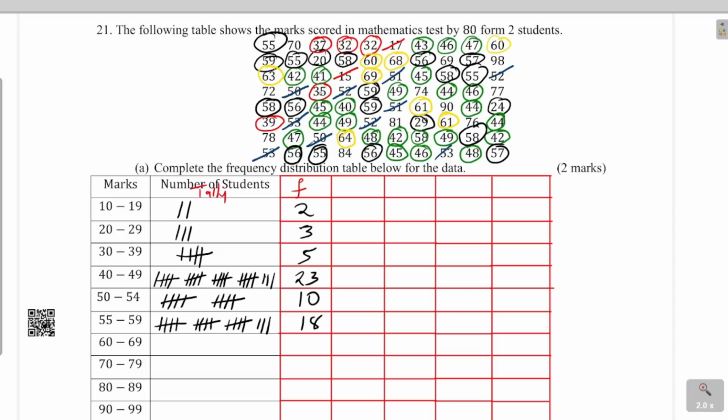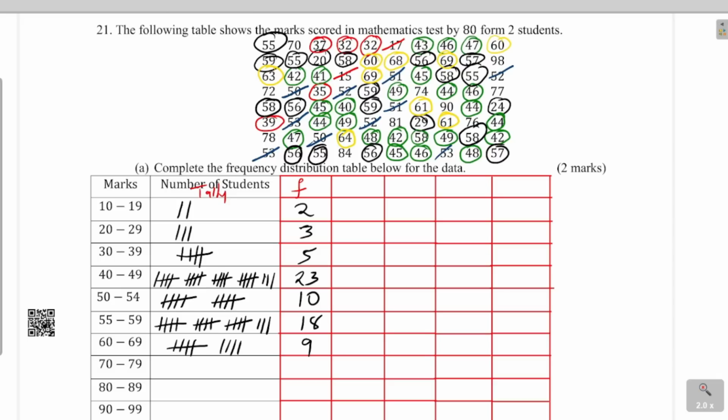Need to be very keen, because once you leave one, you can mess the whole thing. Oh, it is here. Can count them now. 1, 2, 3, 4, 5, 6, 7, 8, 9. There are 9. So the tally 1, 2, 3, 4, 5, 1, 2, 3, 4.